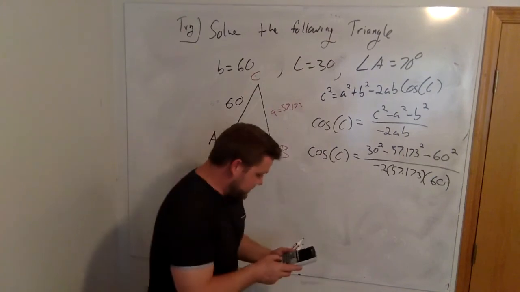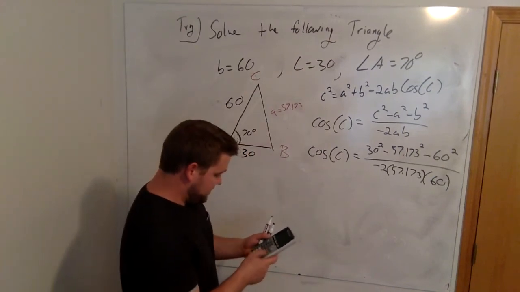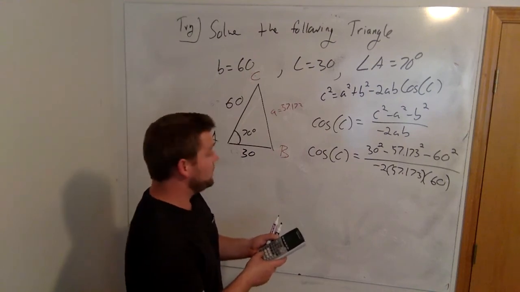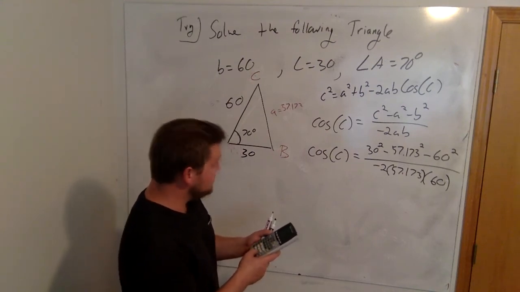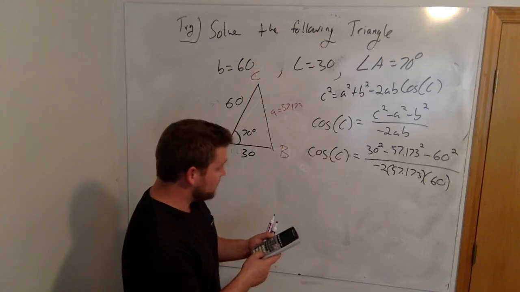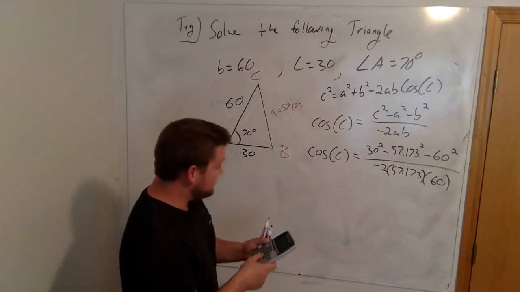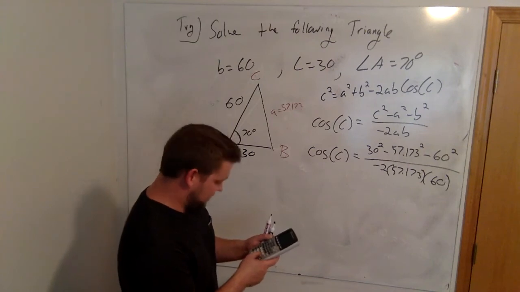So let's see what we get here. Let's do 30 squared minus 57.173 squared minus 60 squared. Let's divide that by negative 2 times 57.173 times 60.